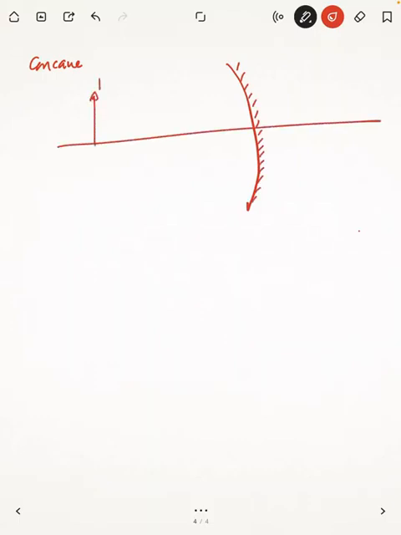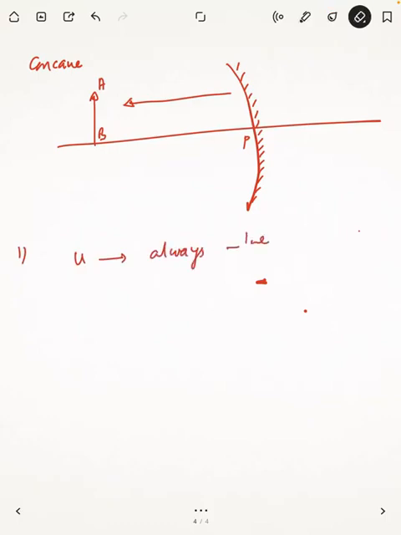Object is always on left side, no doubt, and therefore its distance is to be measured from the pole to object toward left side. So u always negative, because object is always on left side.